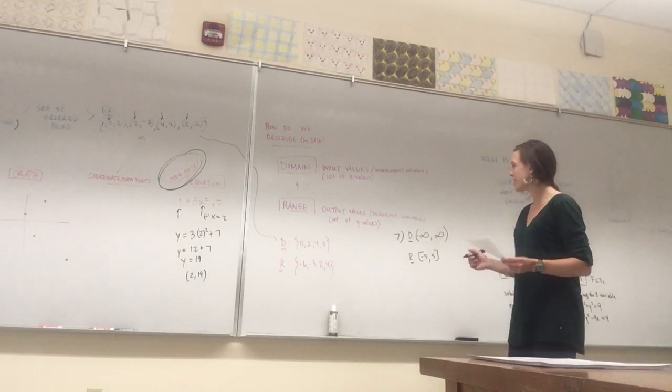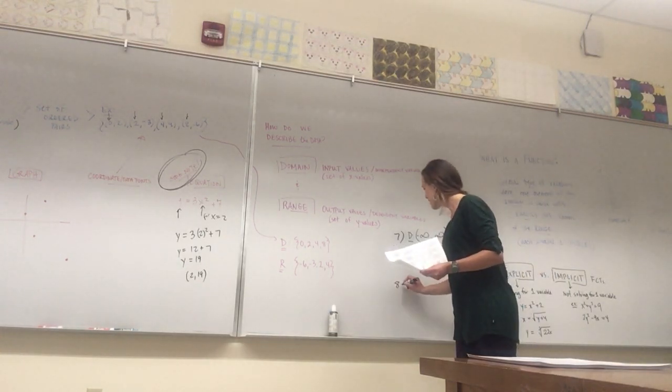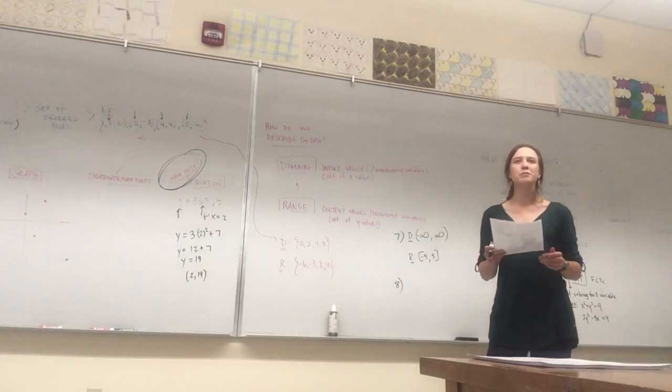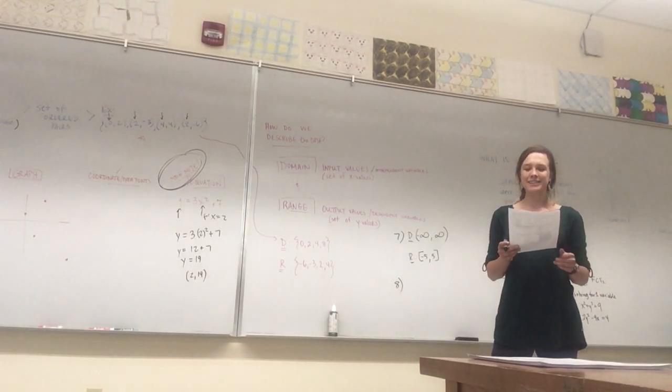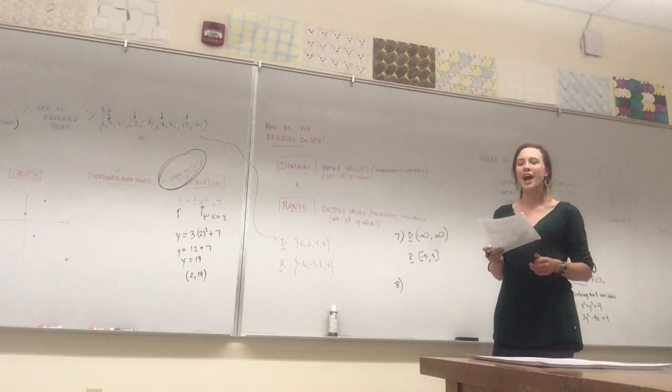Number 8 is funky. Number 8 has an open circle in the middle of the line at, I think, -3 for y and -1 for x.